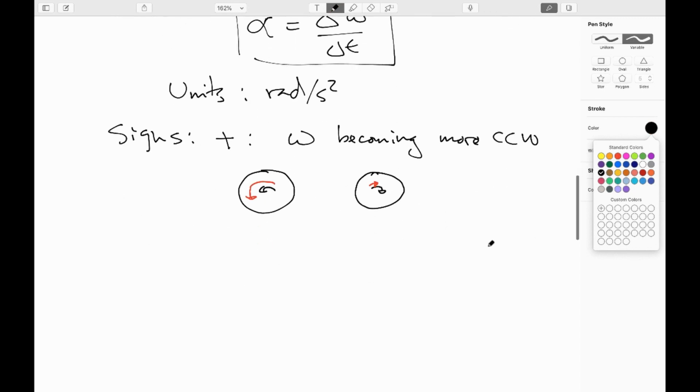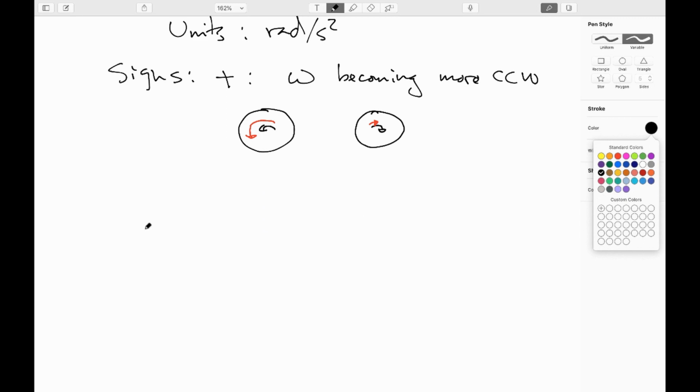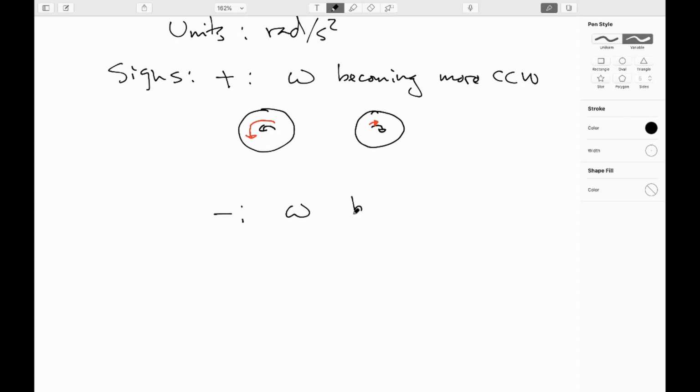And similarly for the minus sign. If the sign of angular acceleration is negative, that means the angular velocity is becoming more clockwise. So again, this could go one of two ways.